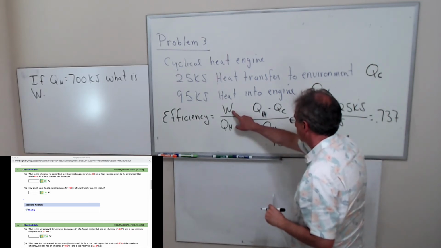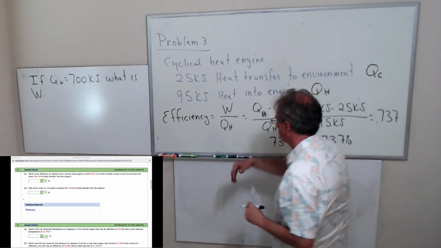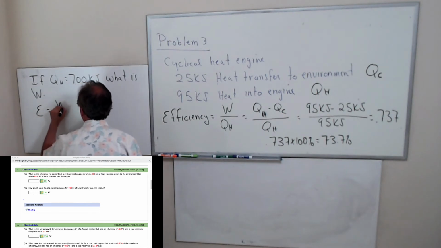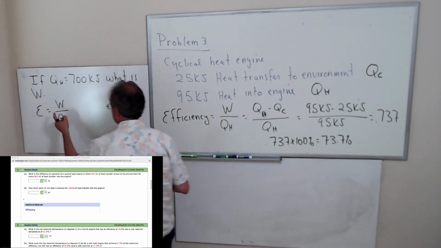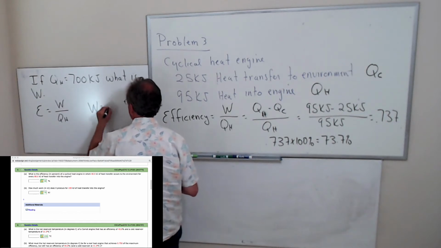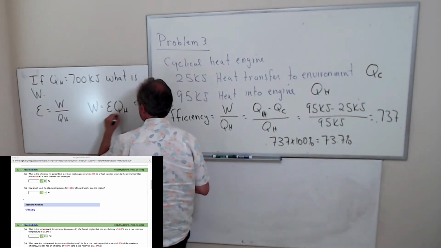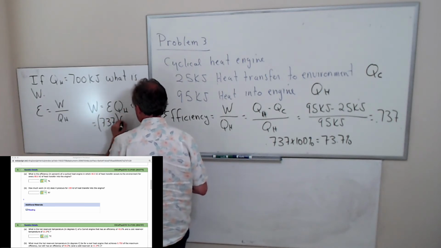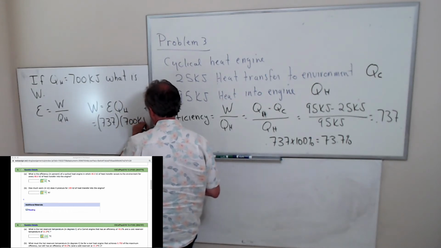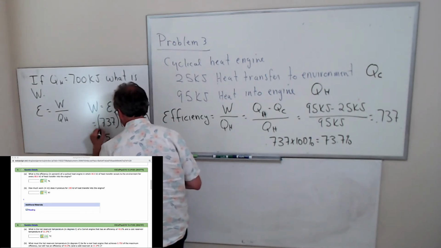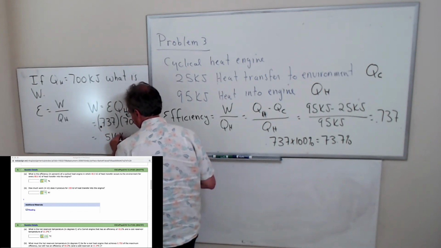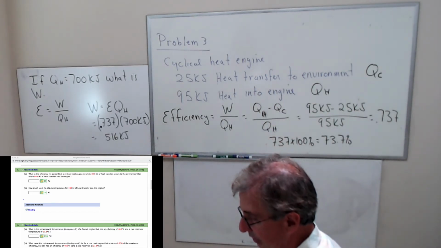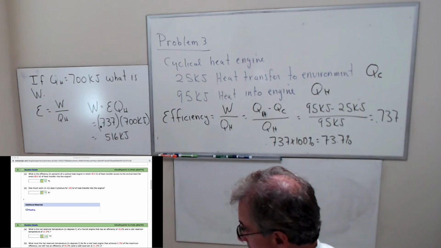I can solve for this. Okay. I'll use the letter E for efficiency. I'll do the algebra. So I take 0.737 times 700. And this comes out to 516 kilojoules. Is that okay? Okay.